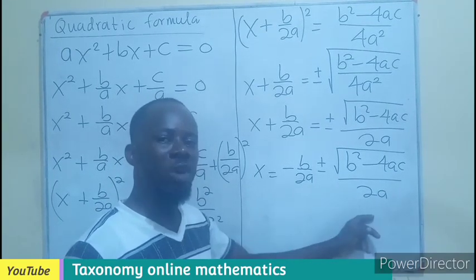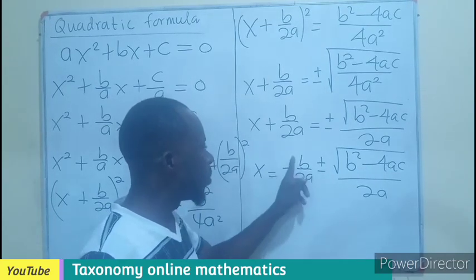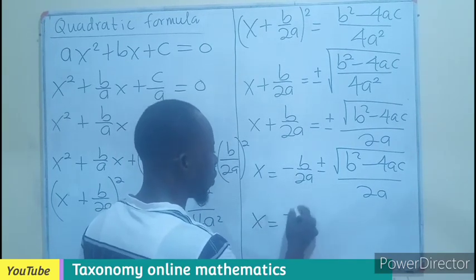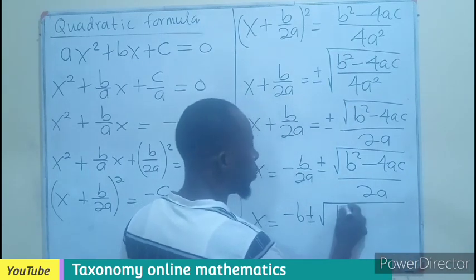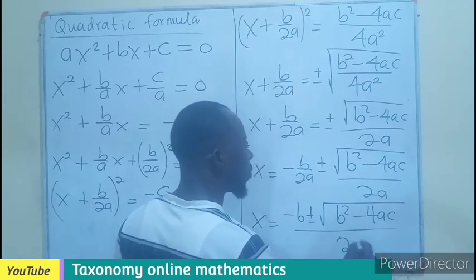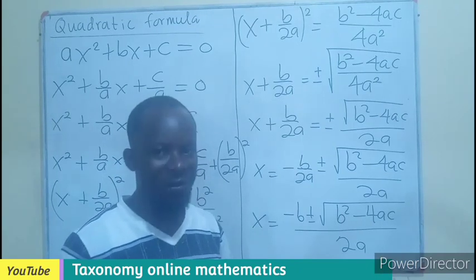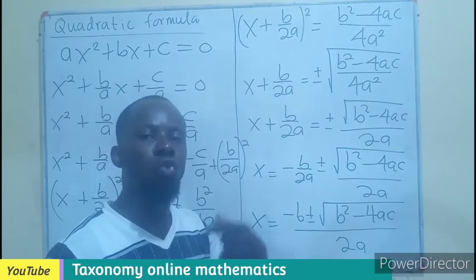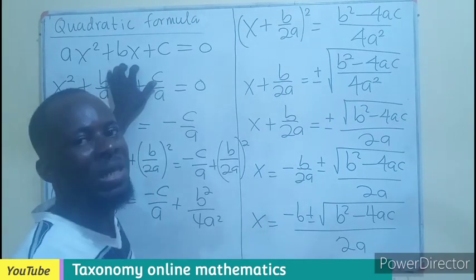So if I use 2a as the LCM, 2a into itself will be 1. Multiplying the top will still be the same. So your x will now be equal to minus b plus or minus the root of b squared minus 4ac, all sitting on what? 2a. So this becomes the quadratic formula that helps us to find the solution, to find the root, to find the truth set of a quadratic equation.